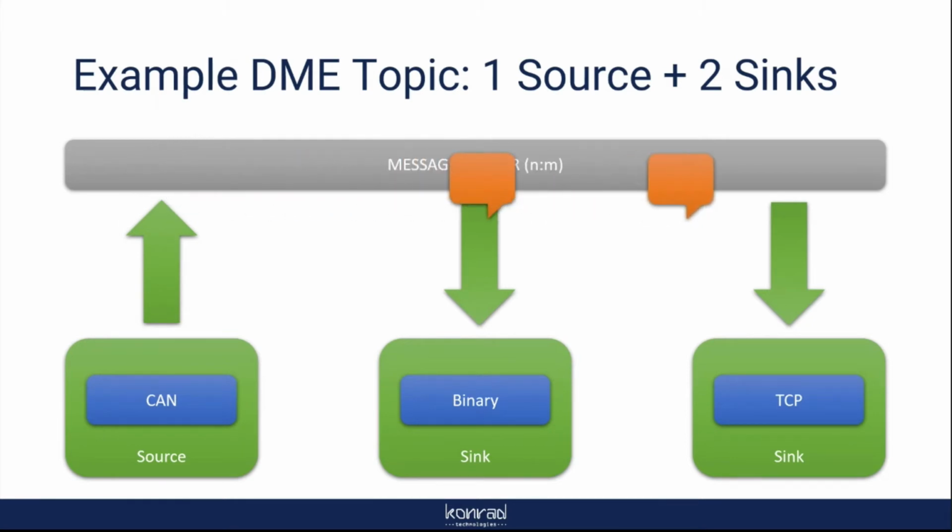We can have one or more data sources publishing data of a specific type, and any sinks that are subscribed to receive that topic do so. For example, we might have UDP data published and sunk to multiple file types such as TDMS or binary, or even rebroadcast via a network adapter.